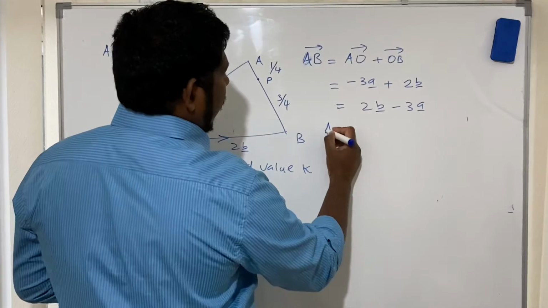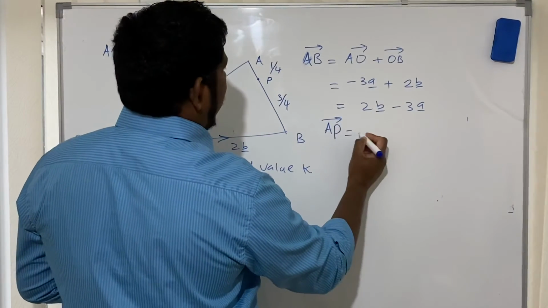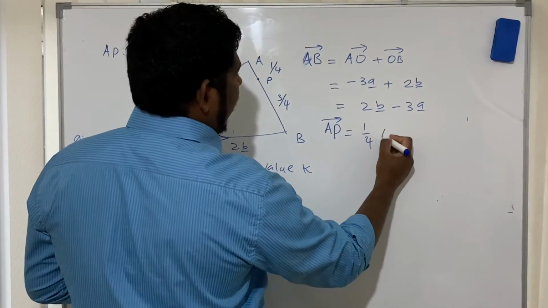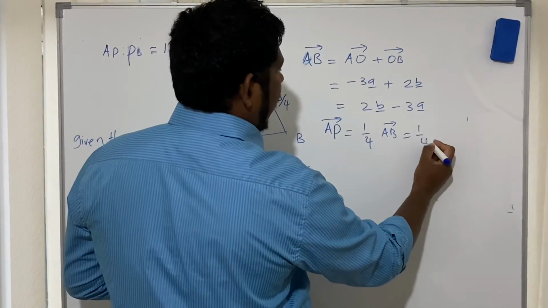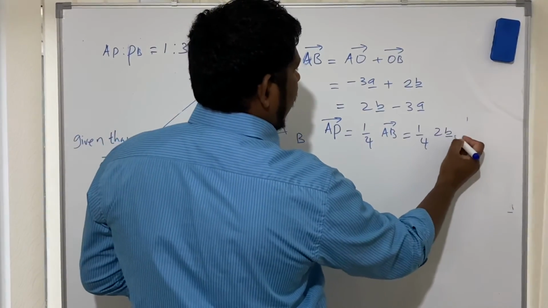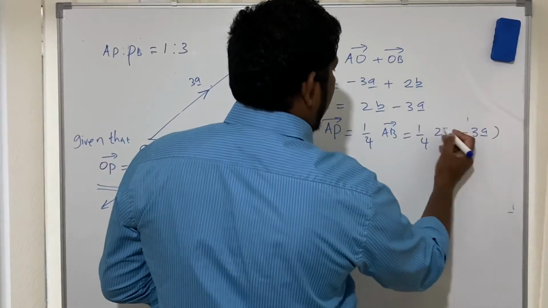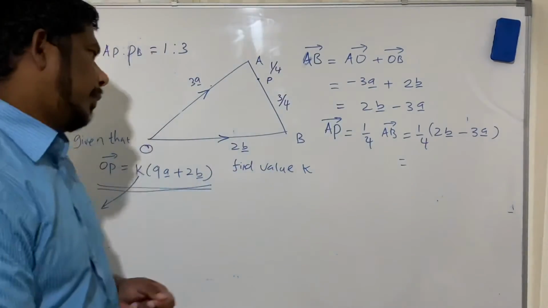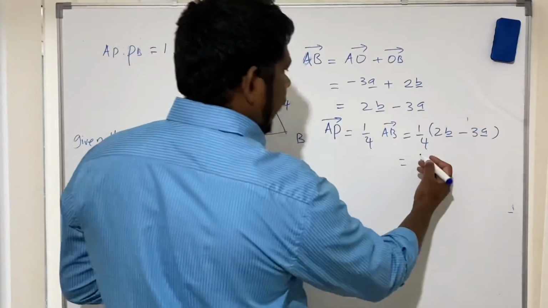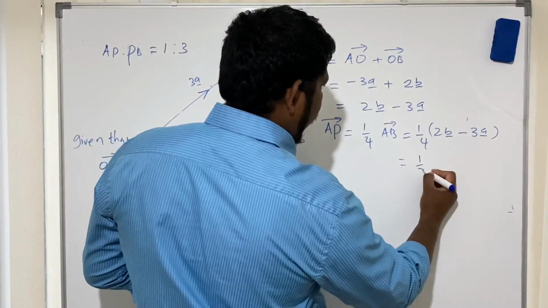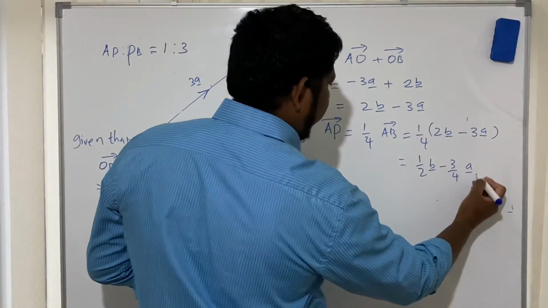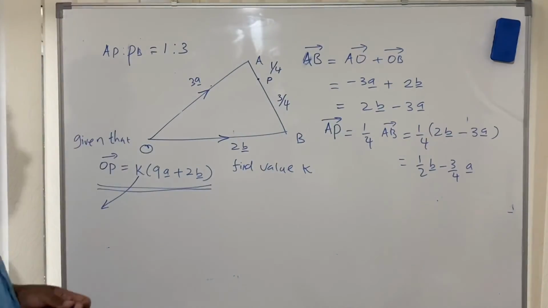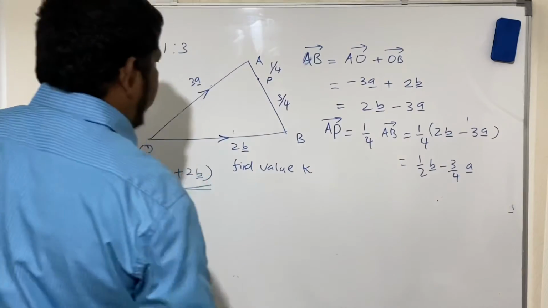We know vector AP is equal to 1/4 of vector AB. So that's going to be half of B minus 3/4 of A. Okay.